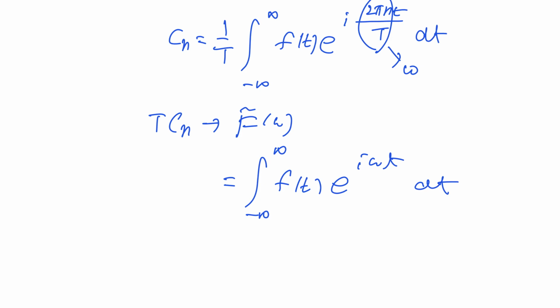If we take the limit of period T going to infinity, this complex Fourier series can be written as an integral representation, which is called the Fourier transform. So the Fourier transform is a method of representing any function with infinite period.